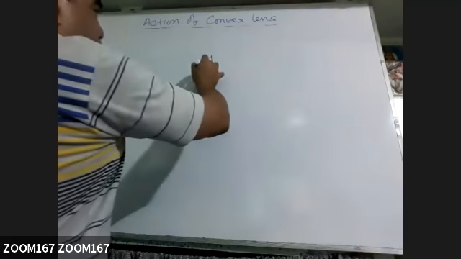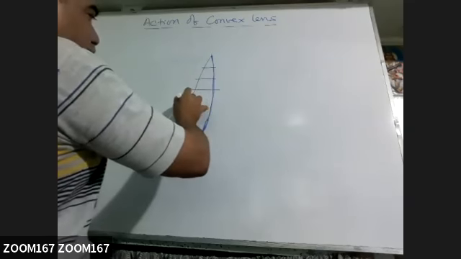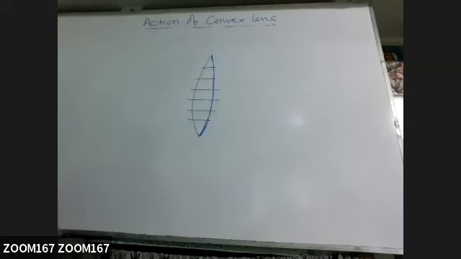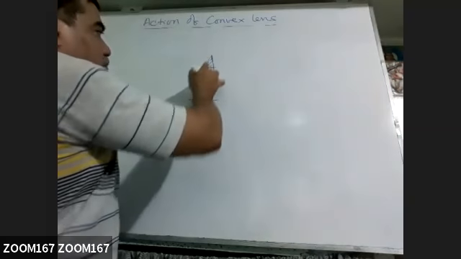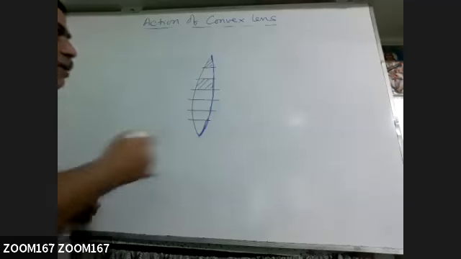Now we divide this lens into a large number of small parts. We cut this lens like this. This is another part, this is another part, like this. Different parts are there.